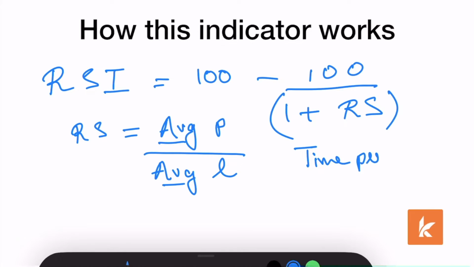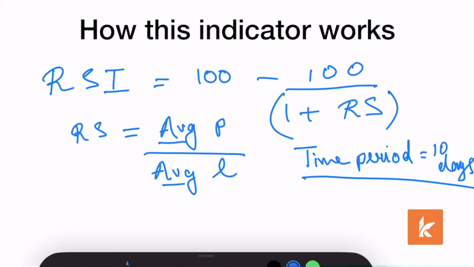Usually a lot of people consider this time period to be approximately 10 days, but it totally depends on you. You can even change it. Usually we take it as 10 days, but if you want to study it for a lot more days than that, that's totally up to you.